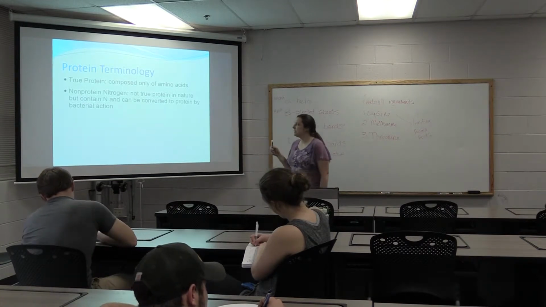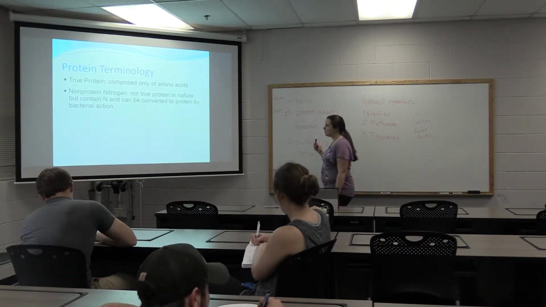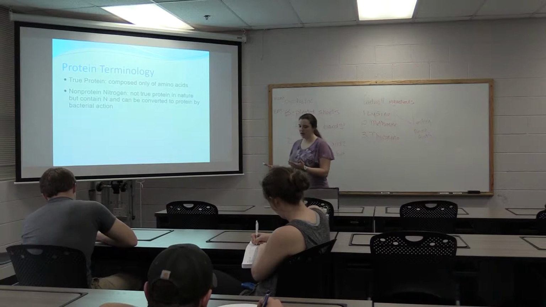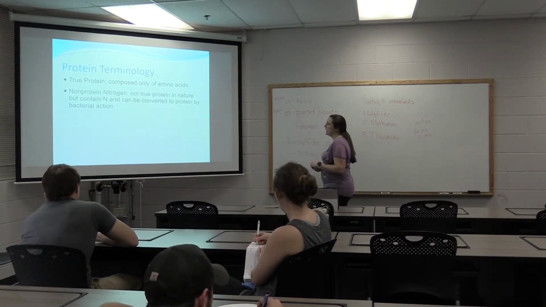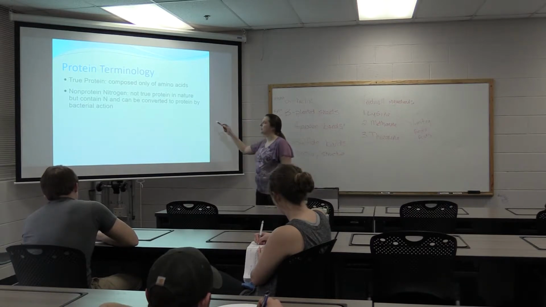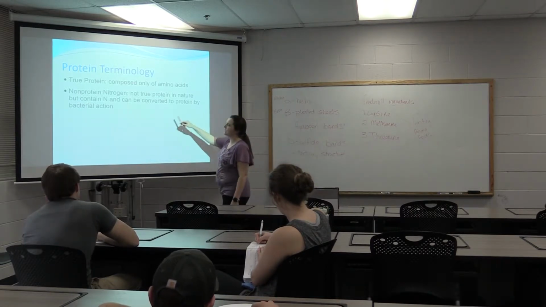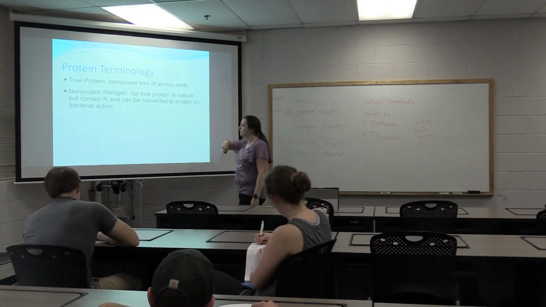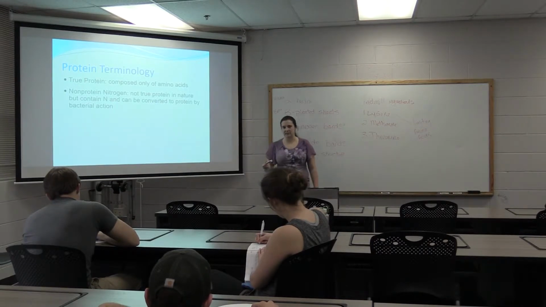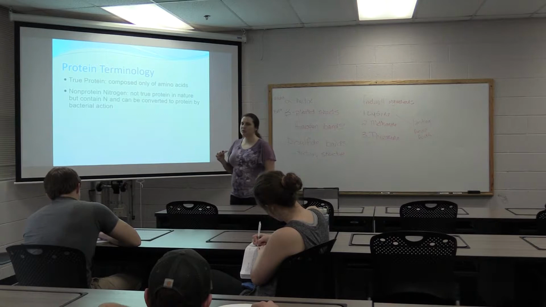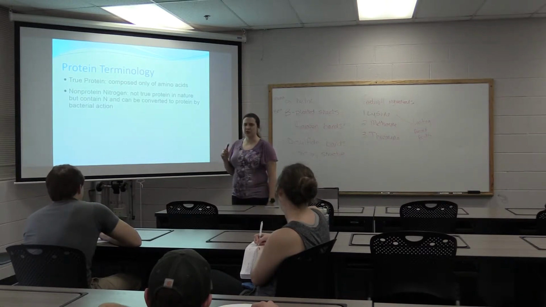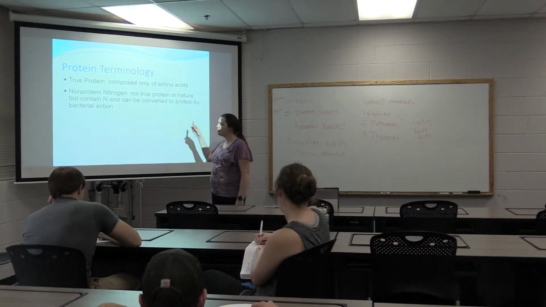With non-protein nitrogen, these are things that are contributing nitrogen but not protein, but you can convert the nitrogen source to protein using bacteria. We don't use this in poultry or fish, but ruminants do.